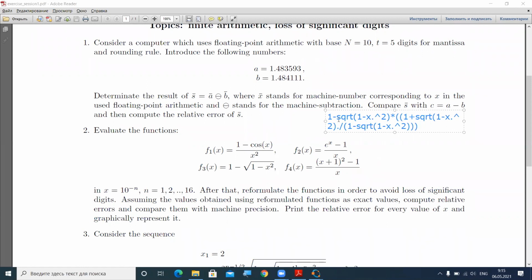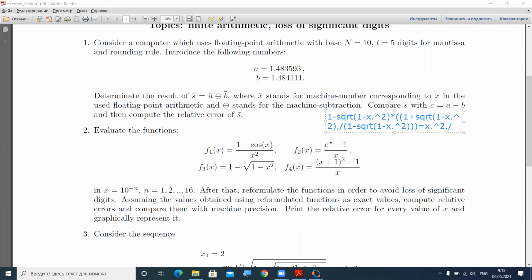And now when we open the brackets, when we multiply the numerators, after simplifying the 1 and 1 cancel, and it will be just x squared and dot division here. Or we can do it without brackets here.